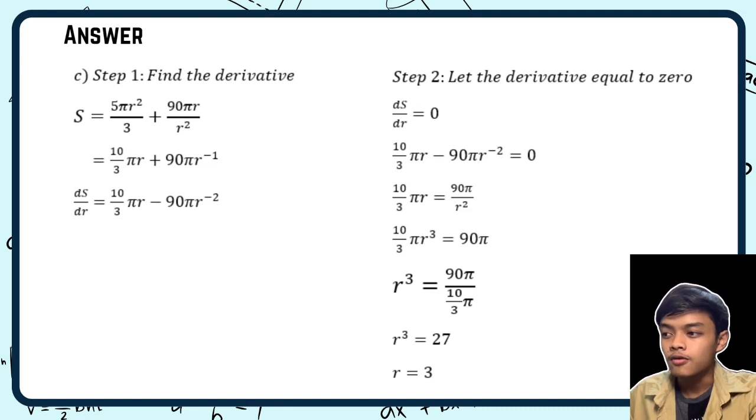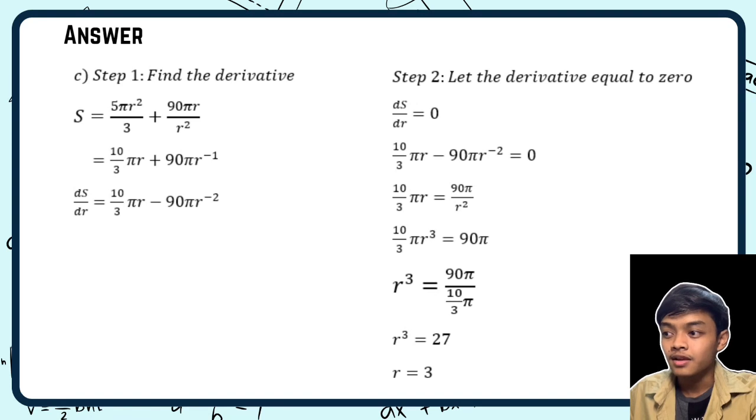After that, we move negative 90 pi r to the power of -2 to the right side, and we get 10/3 pi r equal 90 pi over r square. And then we move the power of 2 from the r to the left side, and we get 10/3 pi r cube equal 90 pi.